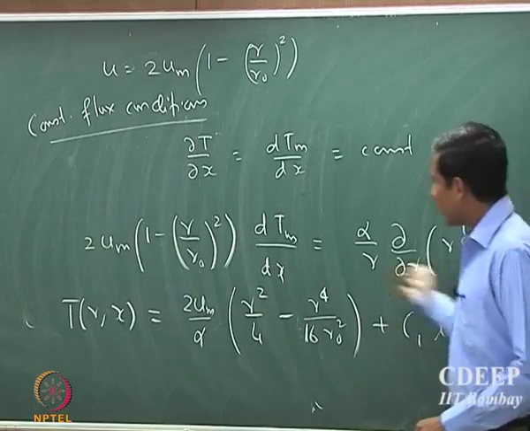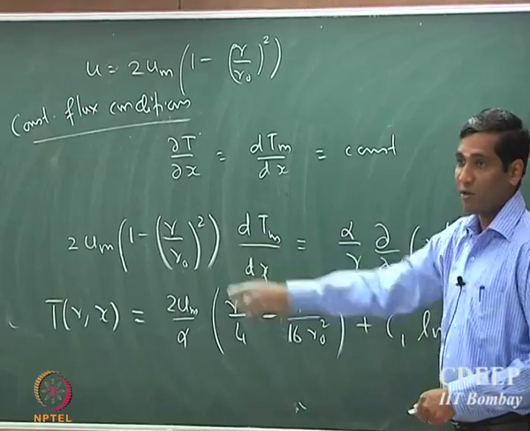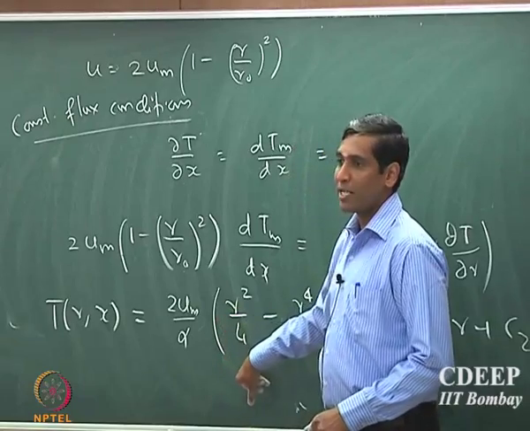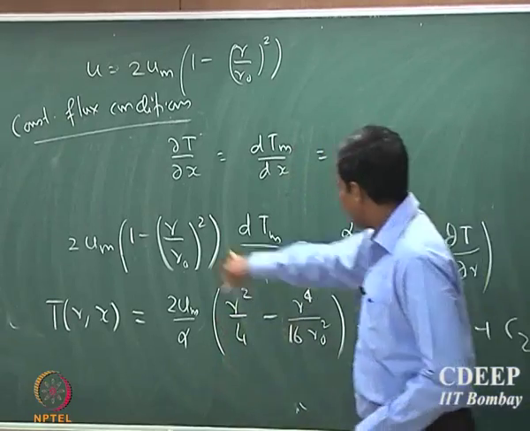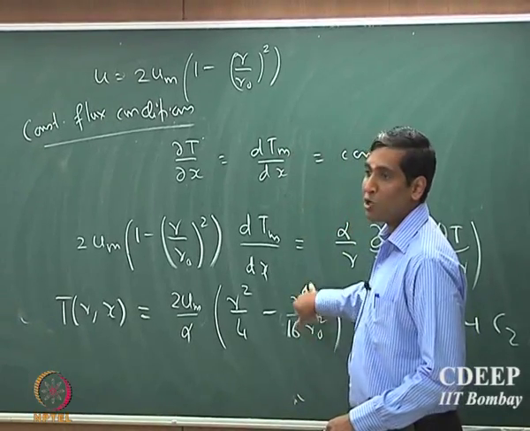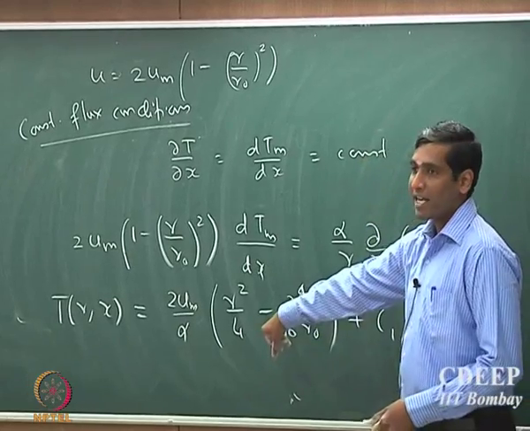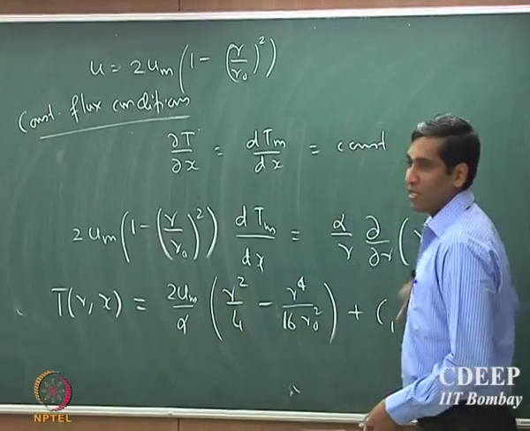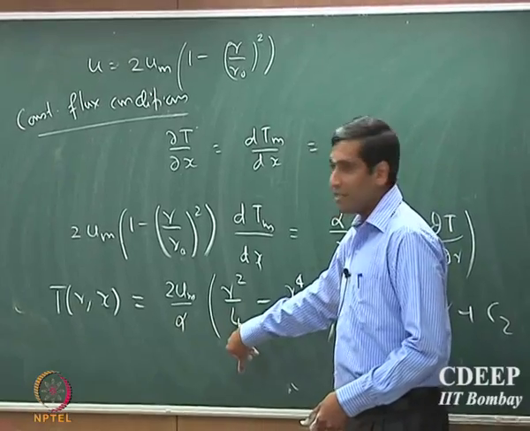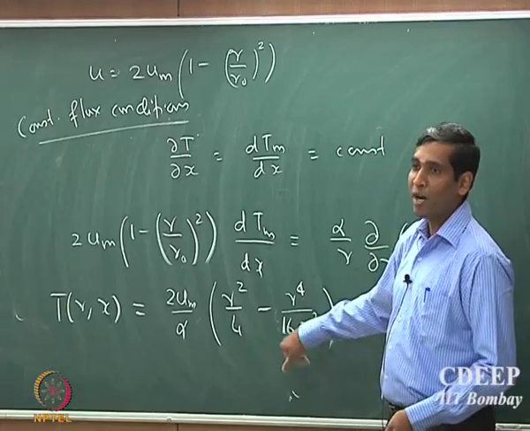All I have done is integrate the expression with respect to r twice. You take r on this side, that gives you r squared by 2, and then r to the power of 4 by 64 for the second term. Then you divide by r again, it will be r by 2, and then you integrate again, it will be r squared by 4. So every integral in the first term gives you a 1 by 2, and every integral in the second term gives you a 1 by 4.